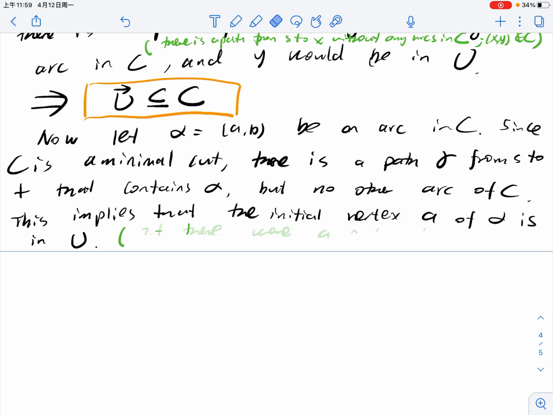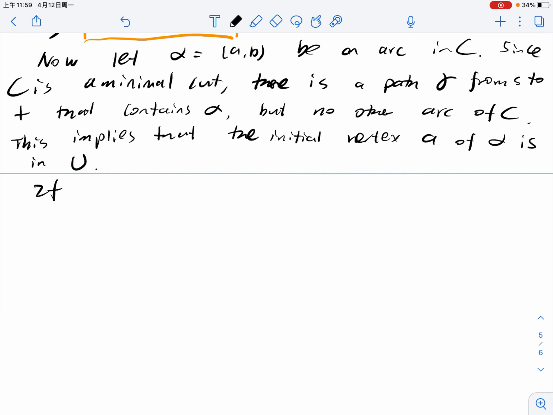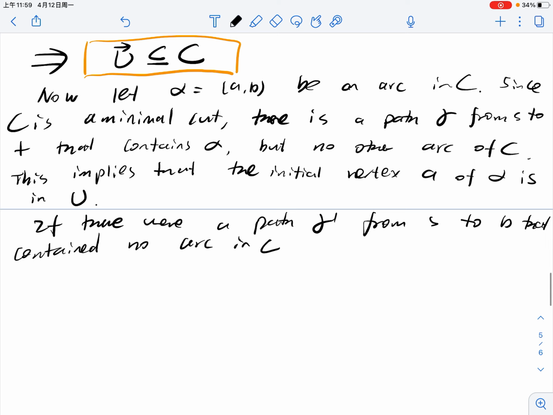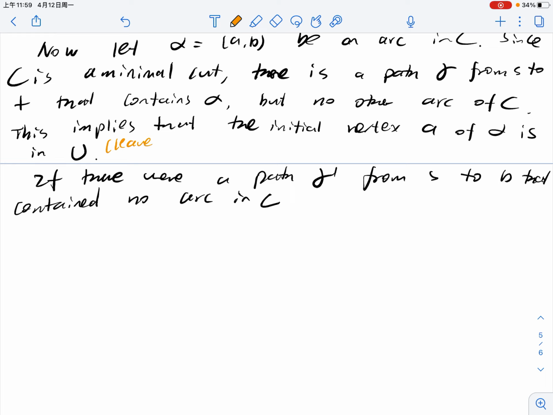The alpha A must be in U, and then we need to show that B is not in U. So if there were a path gamma prime from S to B that contains no arc in C. Actually, why A is in U, I leave it to you.